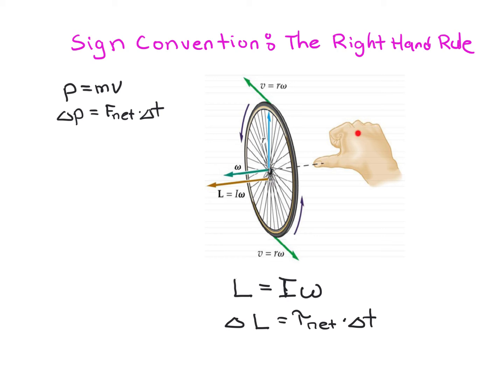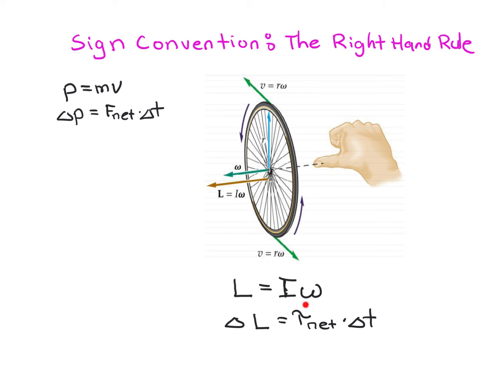If you curl the fingers of your right hand along with the direction in which the wheel is rotating, then your thumb will point in the direction of the omega. And since we get the angular momentum by multiplying the angular velocity by the rotational inertia, L, the angular momentum will also point in that same direction, as is being shown in this figure.